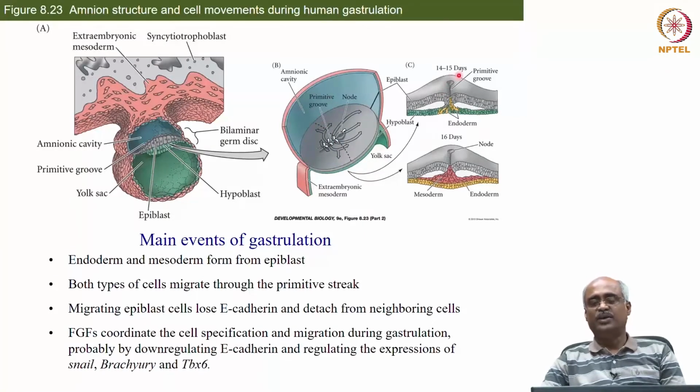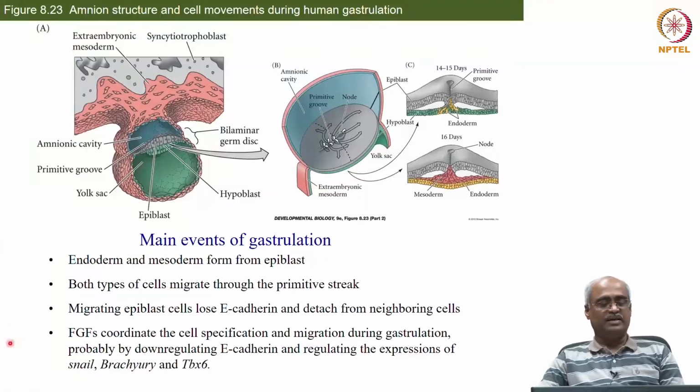This is the 14th to 15th day, and this is the 16th day. Here from the epiblast cells you get these yellow colored endoderm cells coming down, which will later be followed by mesodermal cells.